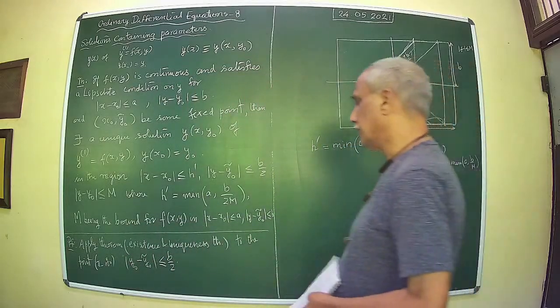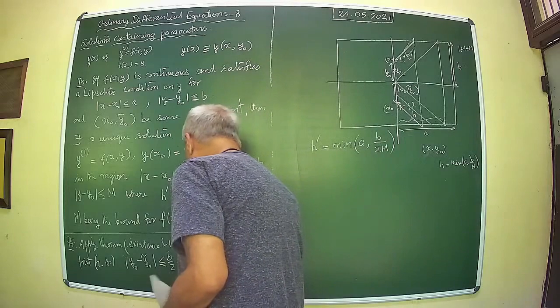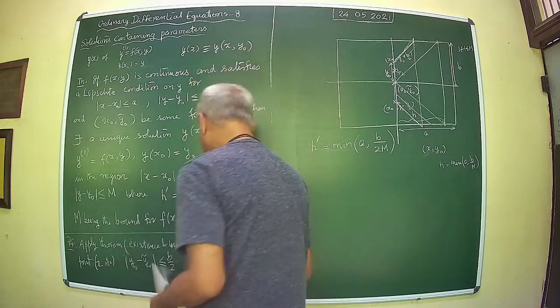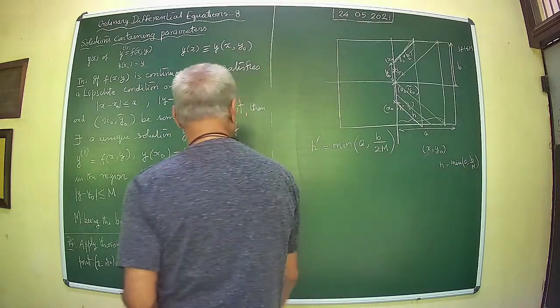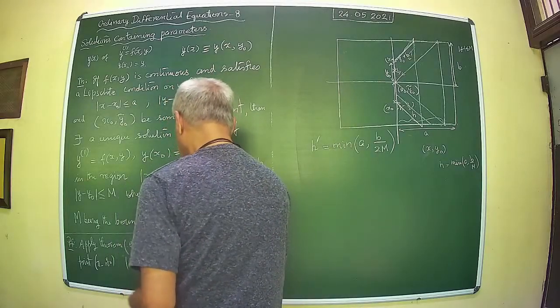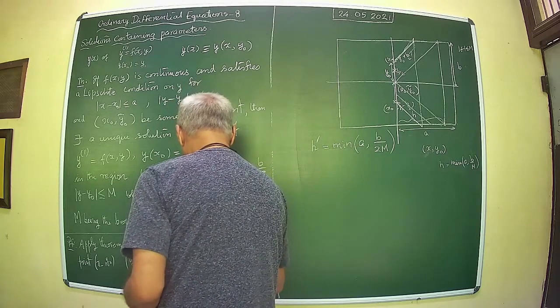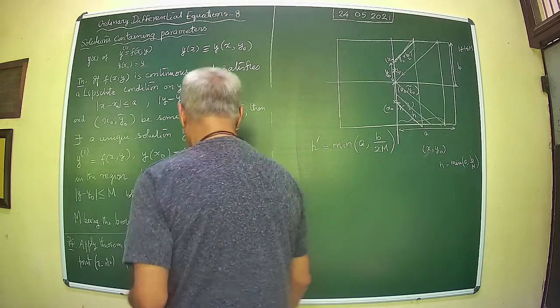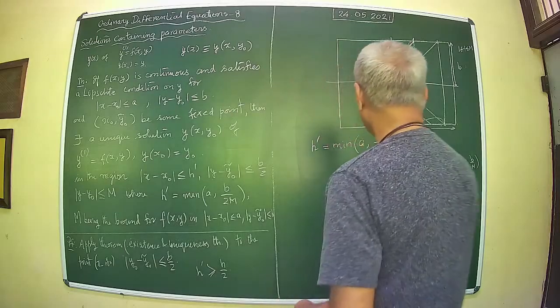Then you see that this h prime that you get is certainly going to be greater than or equal to h by 2. So it lies above h by 2.